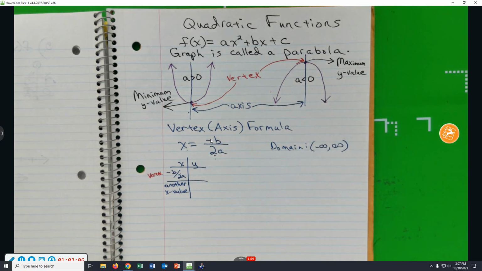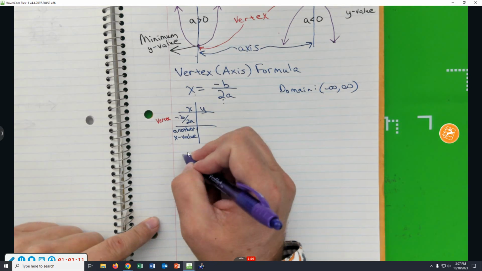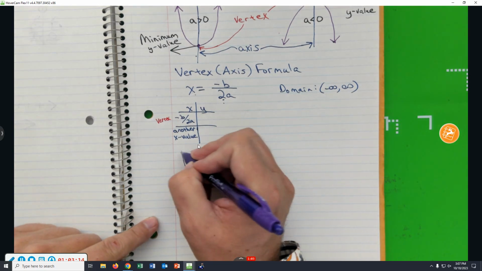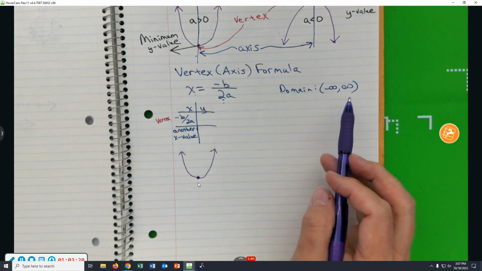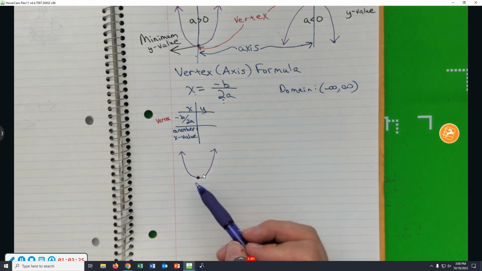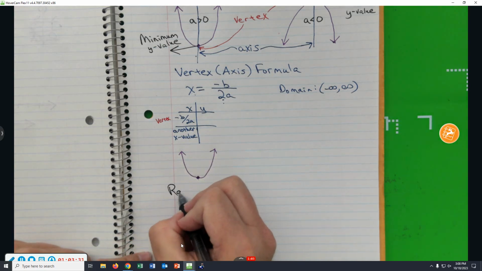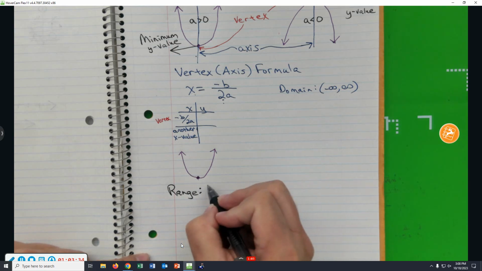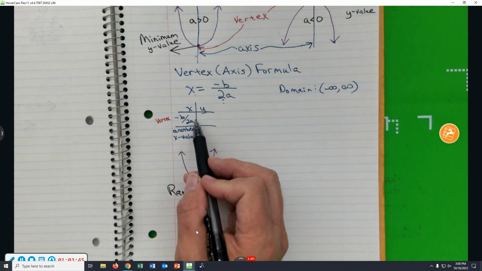Now for the range, if a parabola is opening upward, okay, remember we said whether it's opening upward or downward, the domain is all real numbers. But if it's opening upward, the range, that's the y value. The smallest y value on the graph is right here at the vertex. That's the smallest, and then every number bigger is being used.